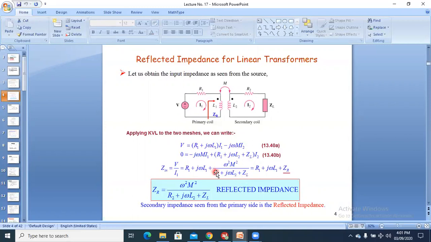And this part is, in fact, the reflected impedance of the second network. So we can say that it is the reflected impedance of the second network, and we write it in this form.